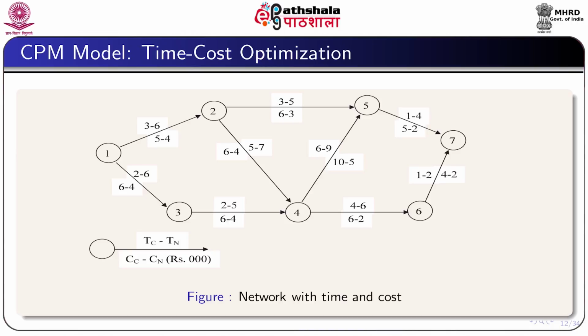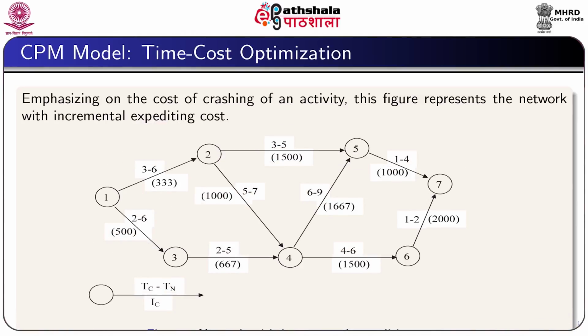So, for the activity 1,2, the crash time is 3 weeks and normal time is 6 weeks, and the lower figure 5, 4 indicates the crash cost and normal cost in thousands of rupees.